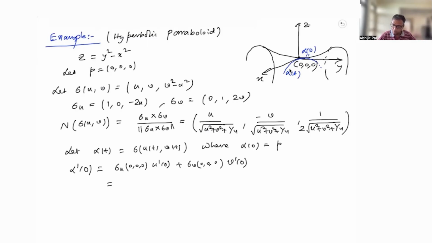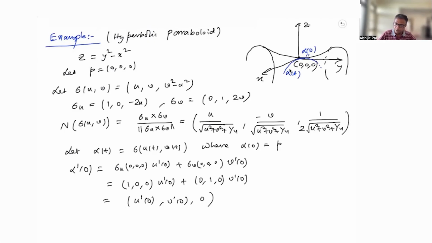Sigma u at the origin is (1, 0, 0) times u prime 0 plus (0, 1, 0) times v prime 0, which is equal to (u prime 0, v prime 0, 0). So the tangent vector alpha prime 0 is given by (u prime 0, v prime 0, 0).